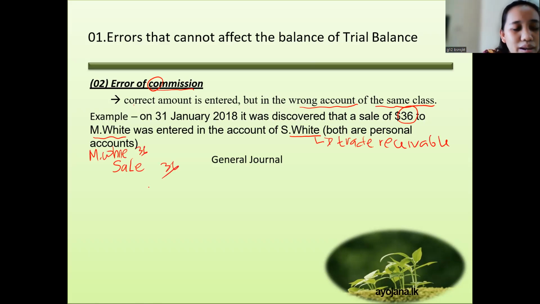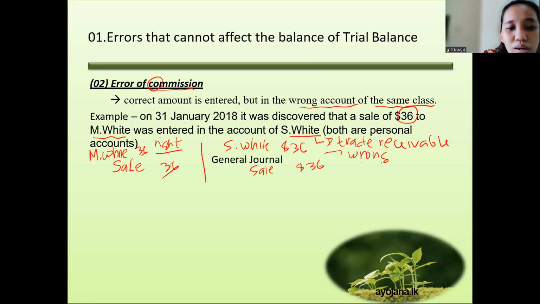This is the right entry. Instead of writing M. White, we put S. White, the same number, 36 on the debit side, and sales on the credit side. We already found this is the right entry, and this is the wrong entry.